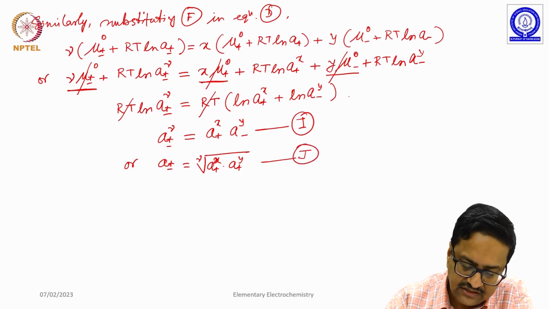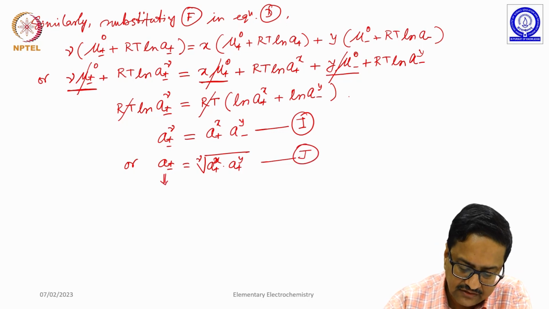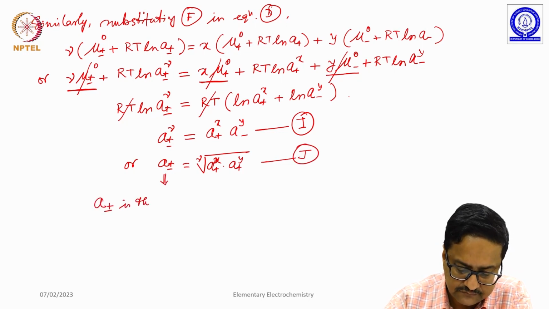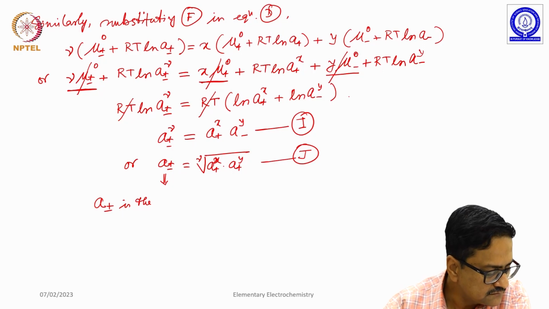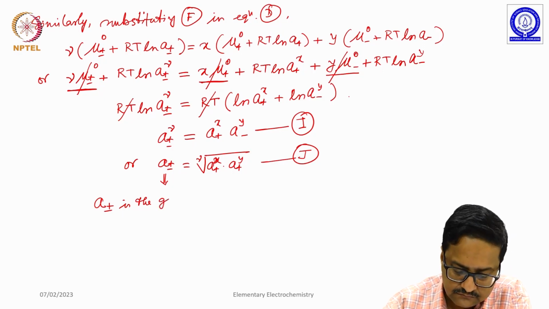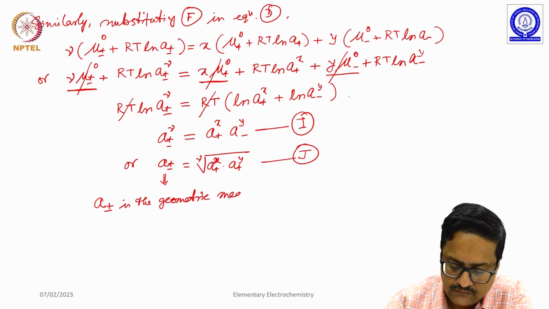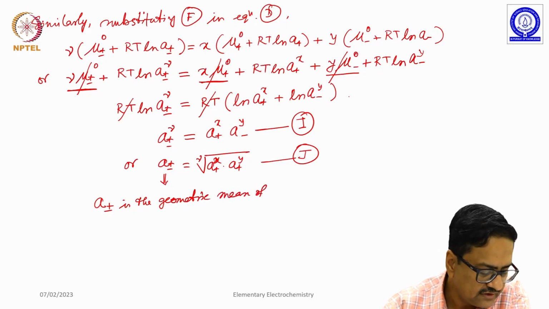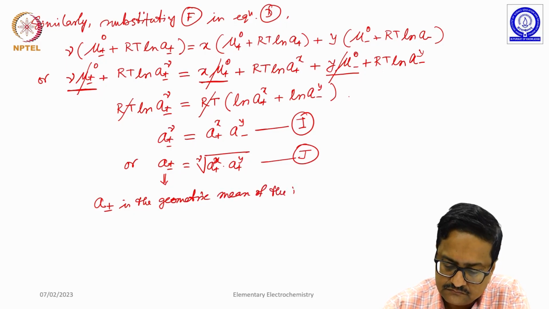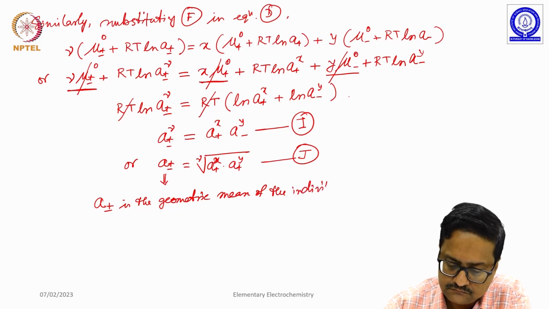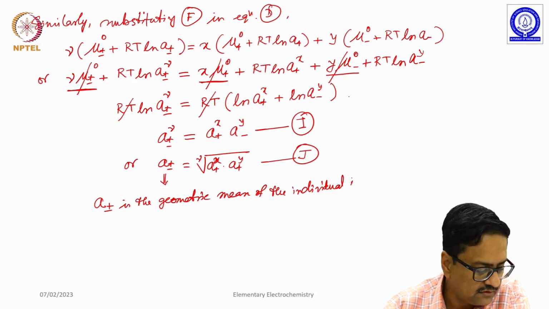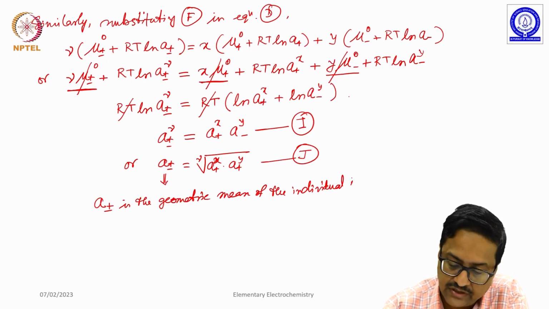So, this essentially means physically that A plus minus is the geometric mean of the individual ionic activities.